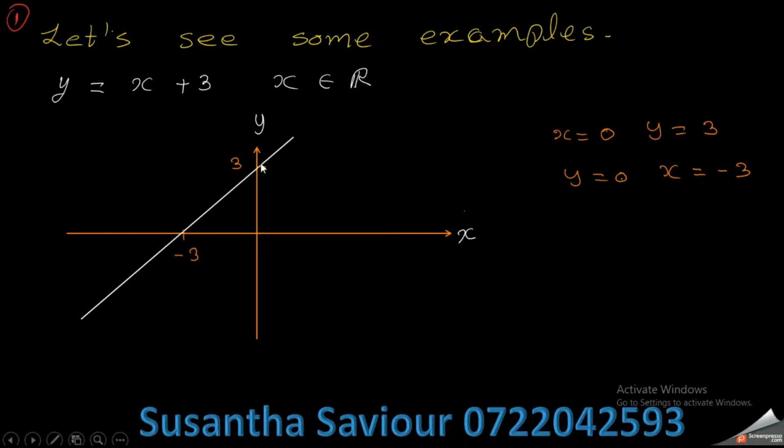And when x is being increased, y also will be increased accordingly. So y also can take all the real values according to this function. So the range or the output of this function is also the set of real values, right? So the range is the set of real values.